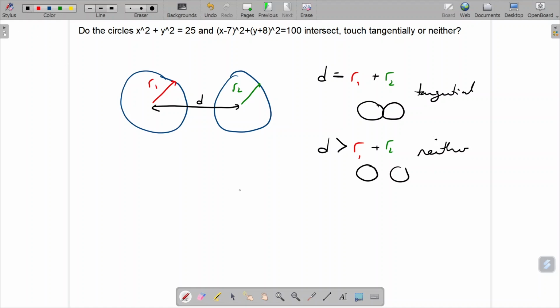However, what if D was less than R1 plus R2? Well, then we would have a situation that looks as follows. These two things would be overlapping one another, so we would say that they intersect.